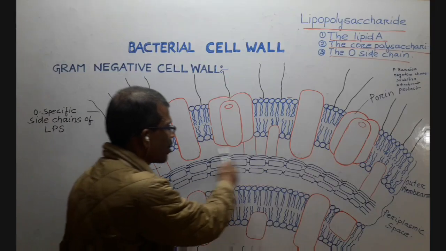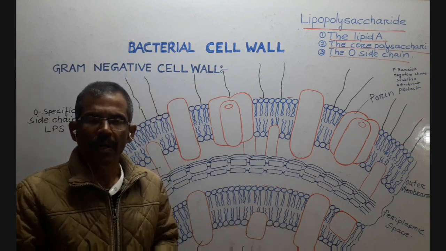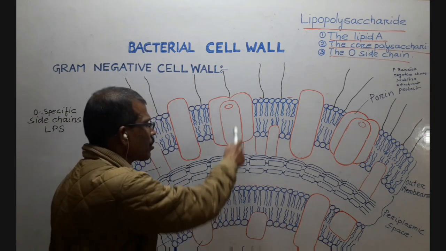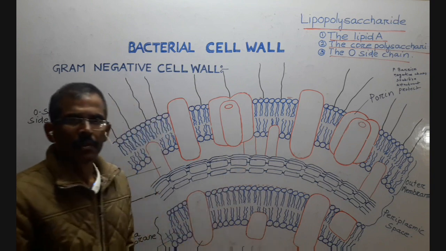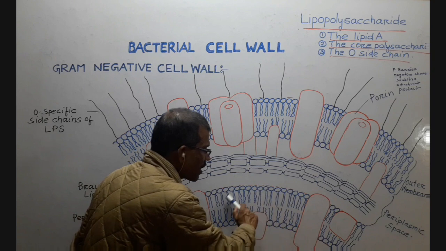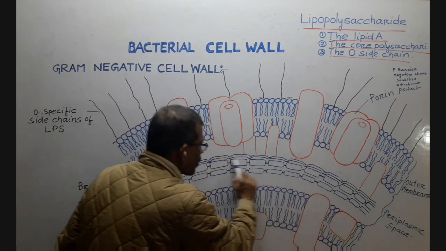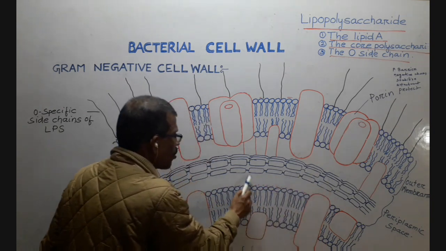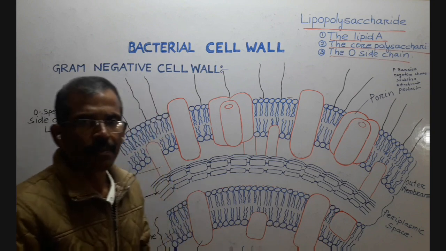Friends, this figure shows the gram-negative envelope. The term envelope includes the plasma membrane and all those structures that are present outside it. This is the plasma membrane. Outside the plasma membrane, there is a thin peptidoglycan layer. This peptidoglycan layer is bounded on either side by periplasmic space.